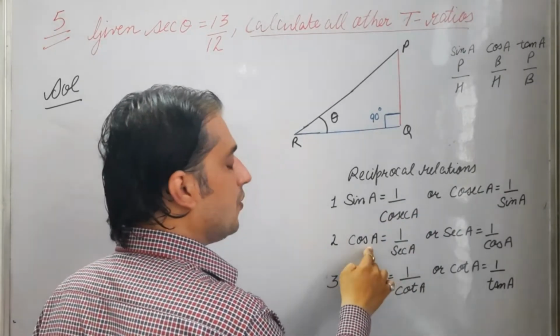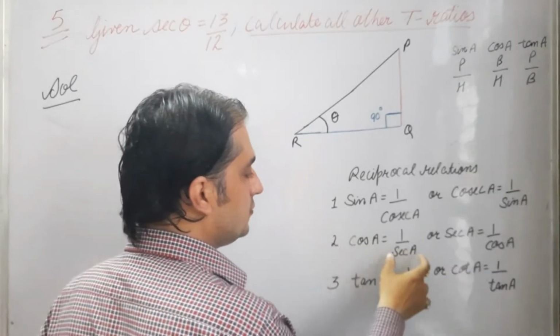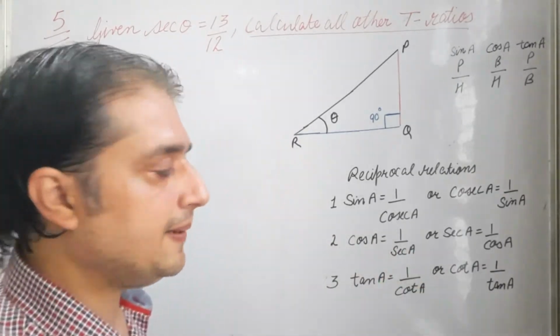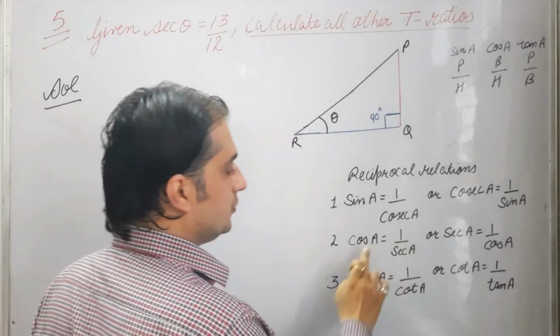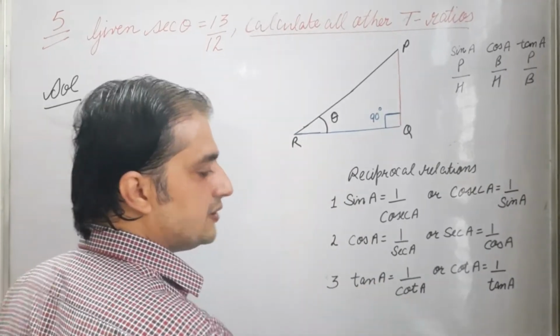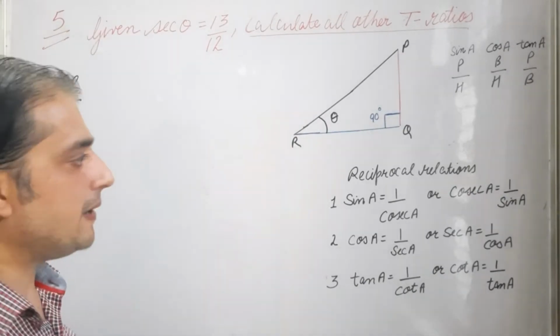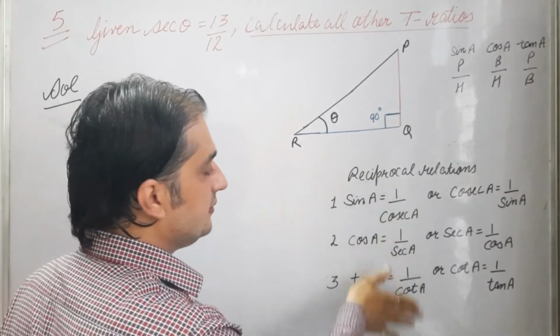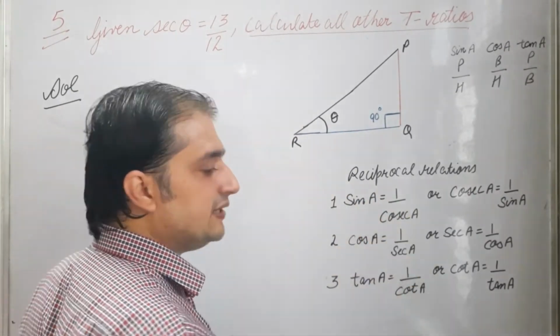Similarly cos is base upon hypotenuse, so secant is hypotenuse upon base. Similarly, tangent is perpendicular by base, and cotangent is base upon perpendicular. So these are the reciprocal relations of the T ratios.